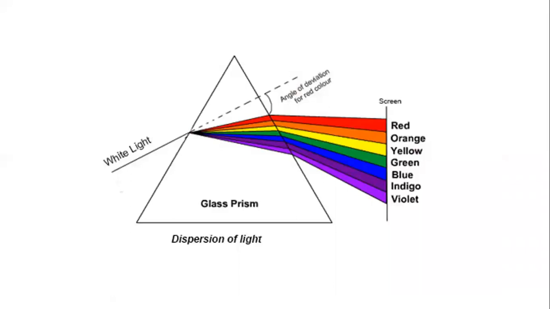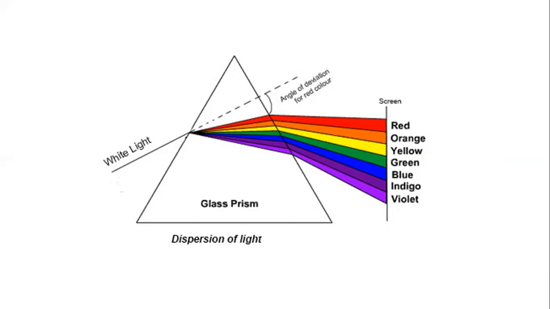So now, what is dispersion? Dispersion is the distribution of light. In white light, different wavelengths and different frequencies of light are combined together.